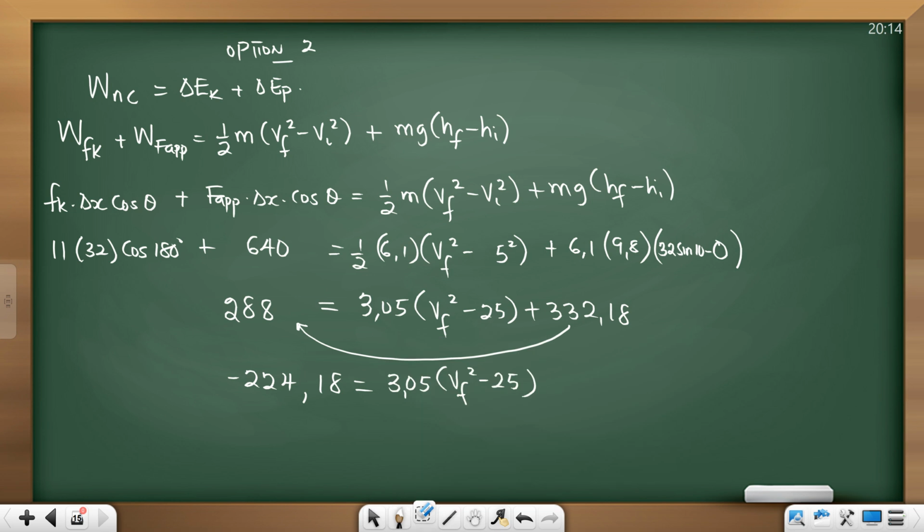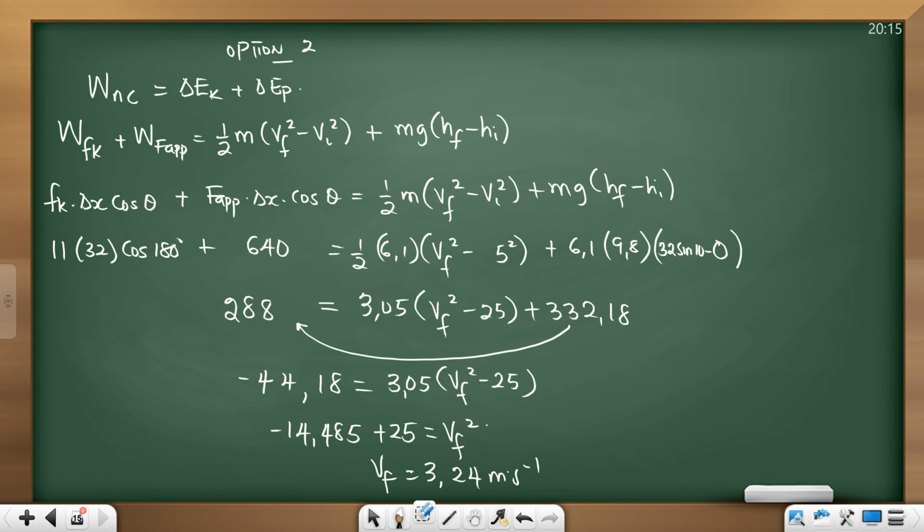Divide 44,18 by 3,05. We get negative 14.49. Let's not round up. Plus the 25 equals 10.51. And then we have our vf: 3,24 meters per second.